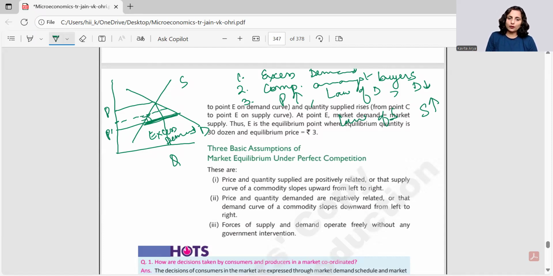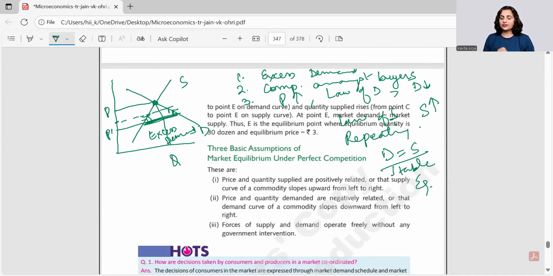It's showcased moving upwards and demand is contracting towards left, right? So this process keeps on repeating. This is repeated till the excess demand vanishes from the scenario and there is such a situation where demand is equal to supply and hence a stable equilibrium is restored.